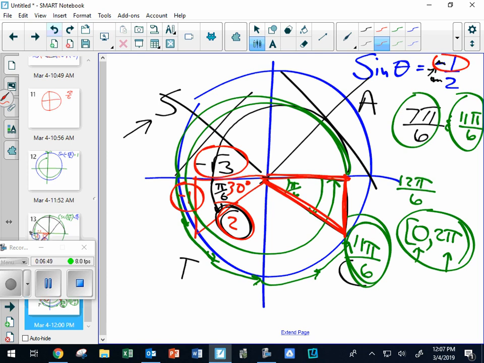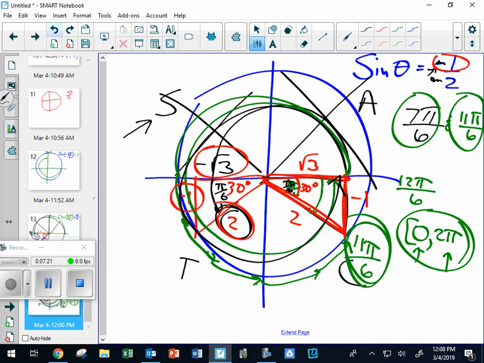Okay, so then this side's -1, and this side's √3, and it's not negative now because it's going to the right, and this side's 2. How about that? Would you agree with those numbers? Okay. Then this, would you agree that the cross from the 1 is where the 30-degree angle is? Which, since that's 30, is that the same thing as pi over 6? Pretty sure it is. So I'm just 1 pi over 6 short of going all the way around.